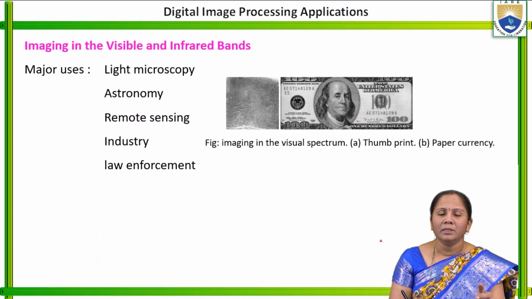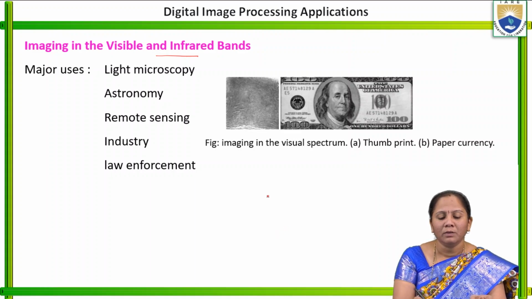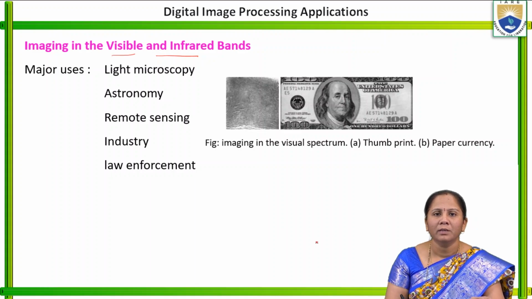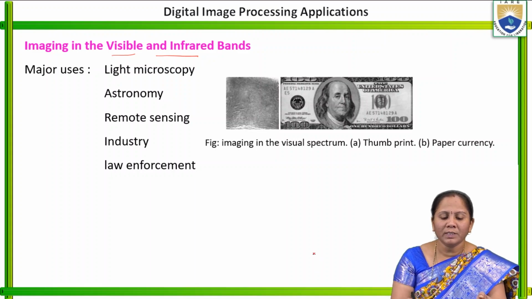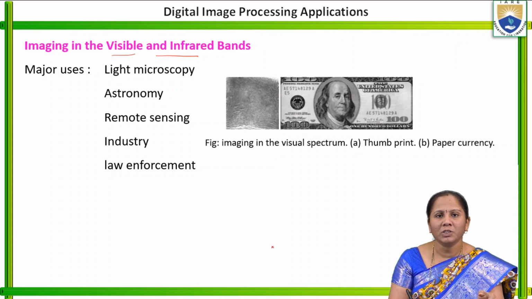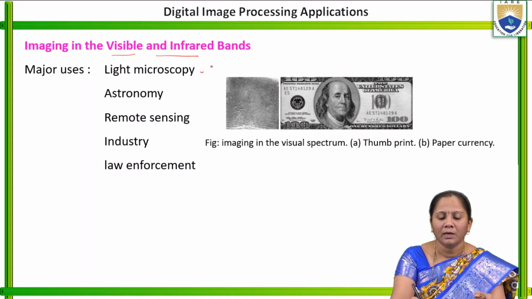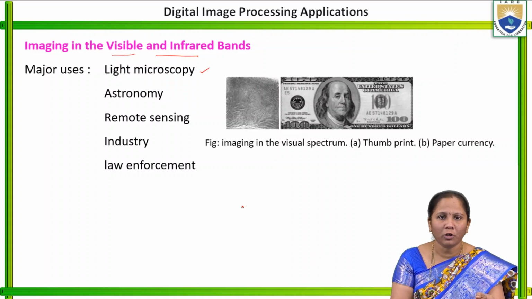Now the next application is imaging in the visual and infrared bands. The visual band is the band in which the human eye can see. The major applications here are light microscopy, astronomy, remote sensing, industry, and law enforcement.